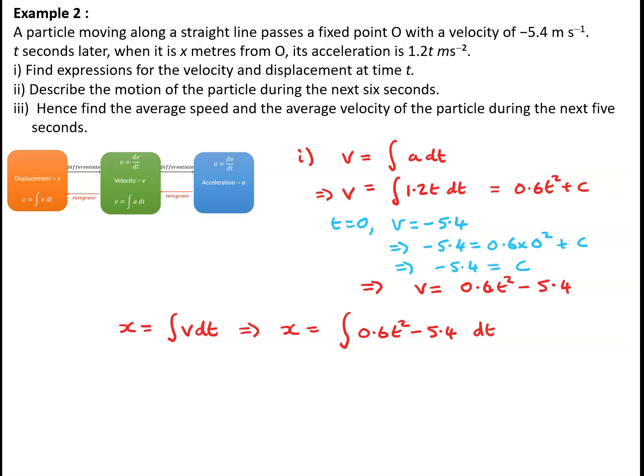So my integral is going to be 0.2 t cubed minus 5.4 t plus a constant. I'm going to call the constant k this time so I don't confuse it with the previous constant.